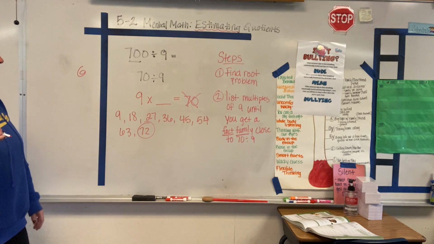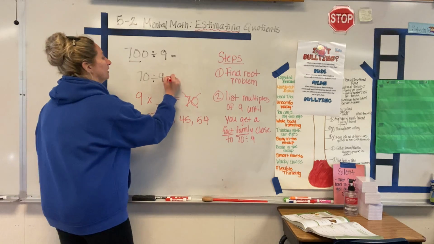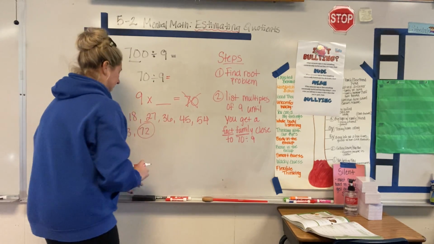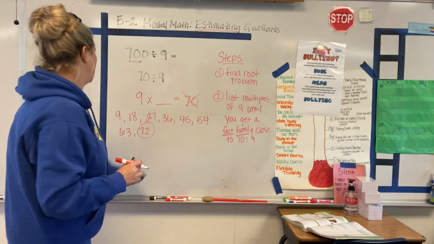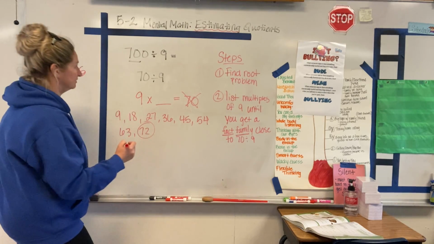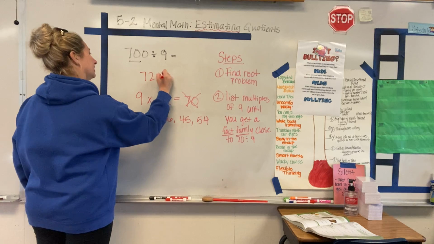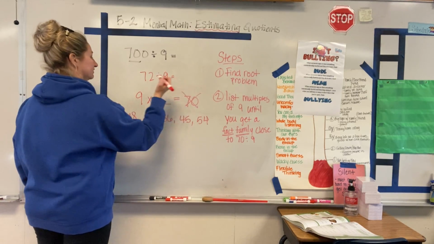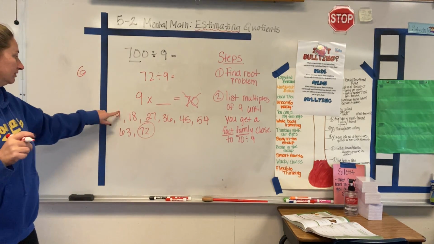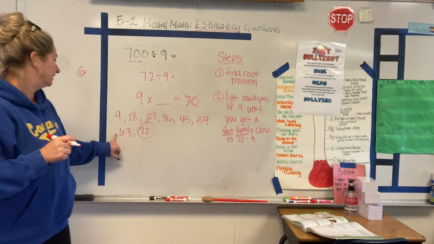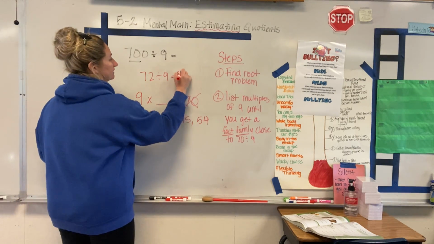So my estimate is going to be 72 divided by 9 equals, let's count how many: 1, 2, 3, 4, 5, 6, 7, 8. 8.